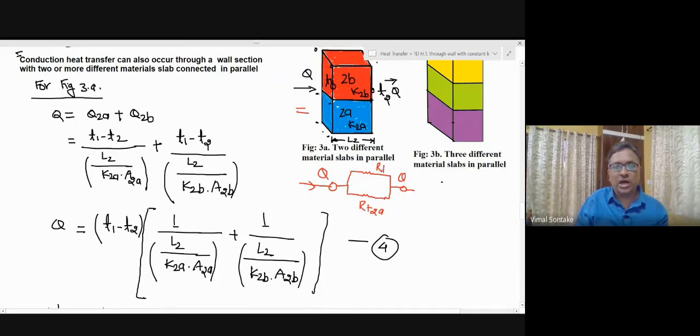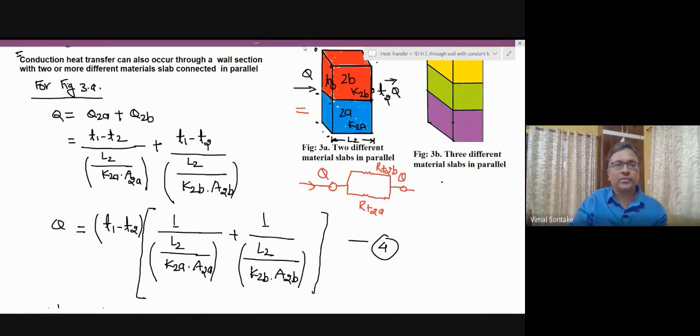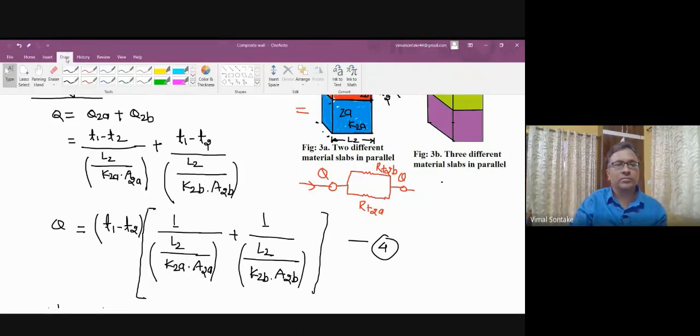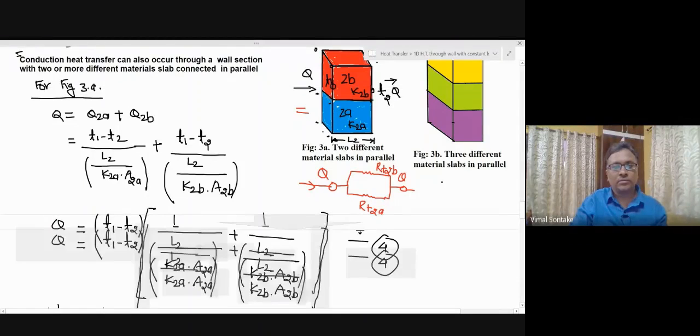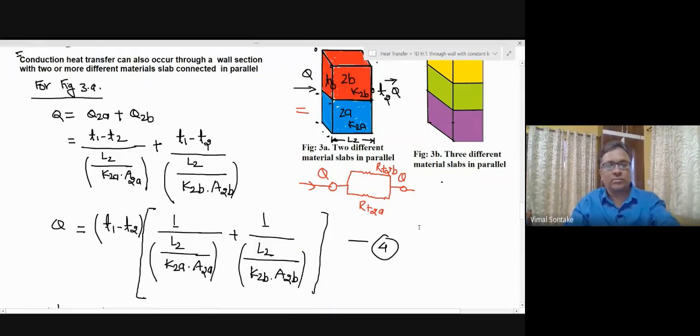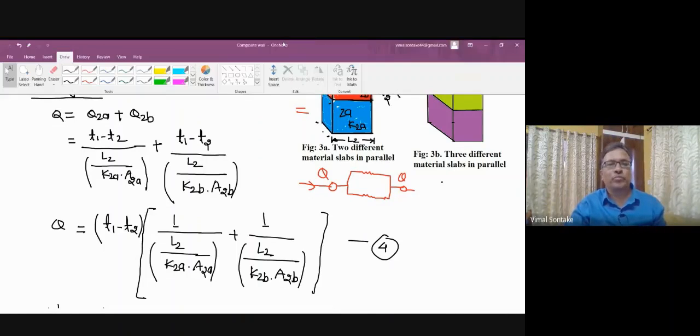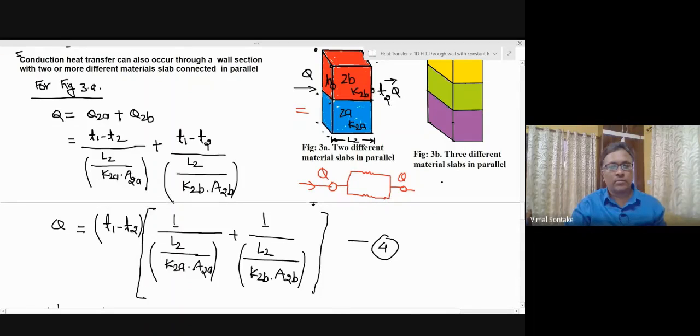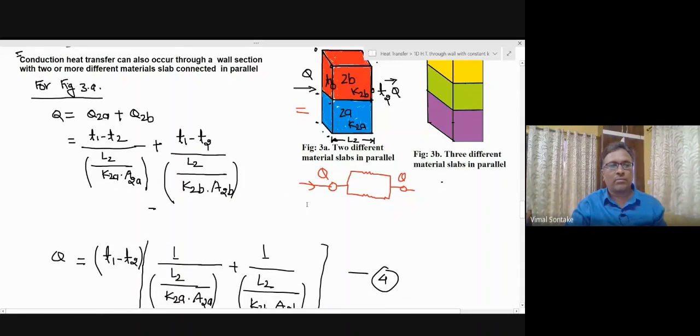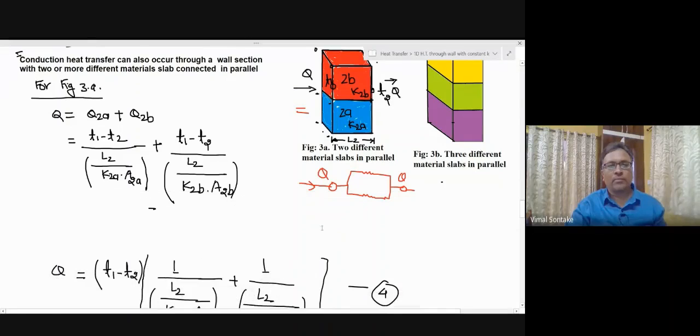This will be thermal resistance RT2B. So the electrical circuit of this wall 2 will be RT2A and this will be RT2B.